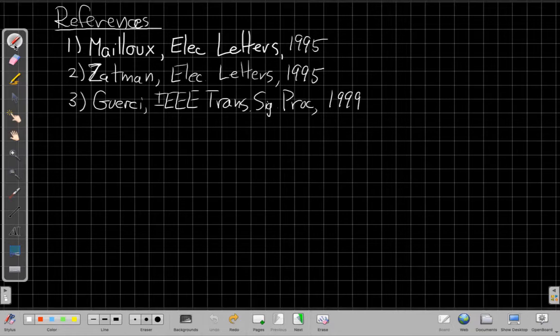And then Guerci published a paper about 4 years later in IEEE Transactions on Signal Processing that synthesized all these ideas together and also expanded them into space-time processing, which is the adaptive version of the k-omega processing we saw last time, when we allow things to be adaptive both in spatial dimensions and in time dimensions. But what I'm going to give you today is a brief overview of how to apply covariance matrix tapers, and then in class we'll talk some more about deeper insights, conceptually, of how or why they work. Okay, so let's move on to the next page.